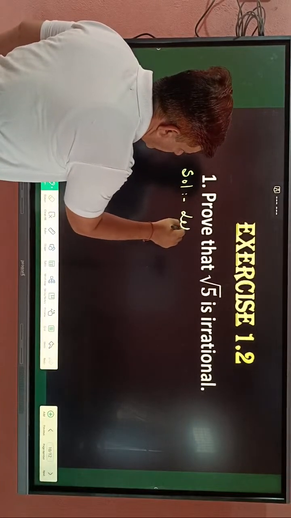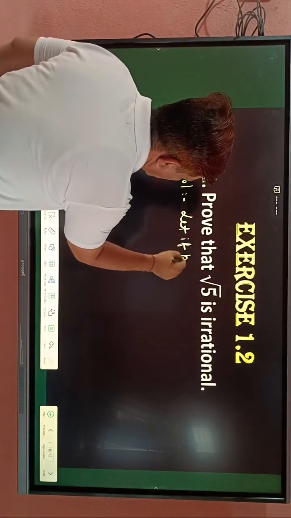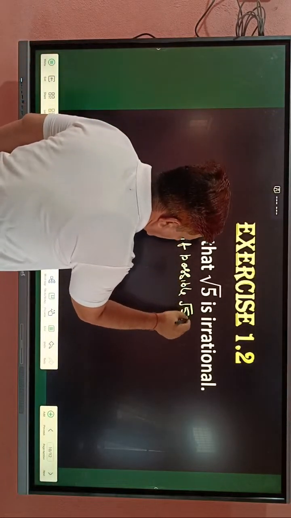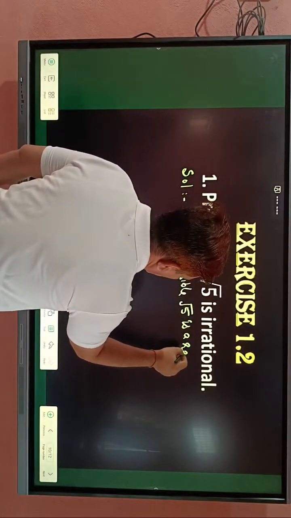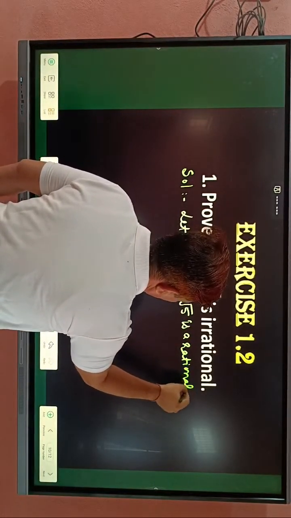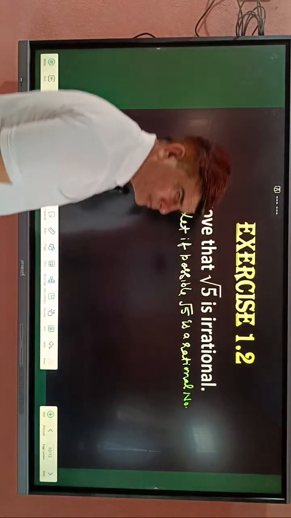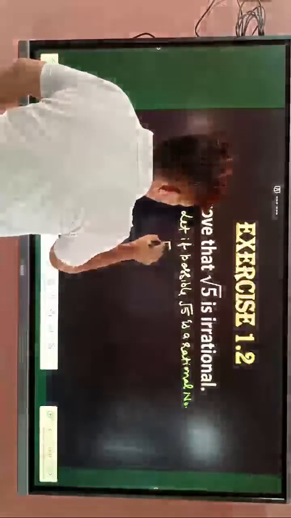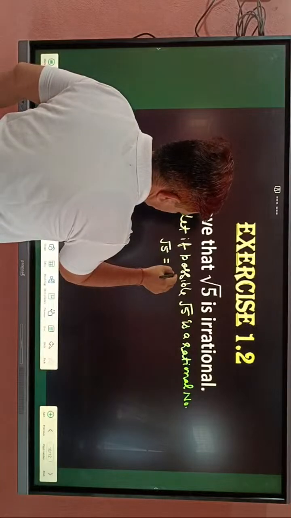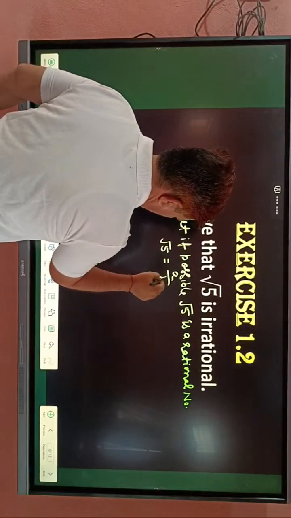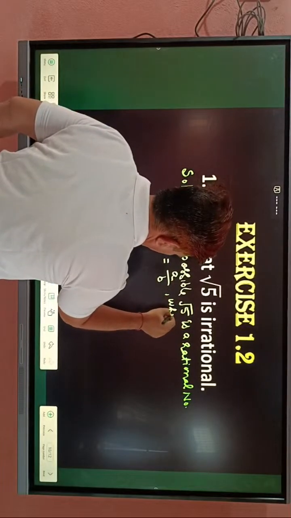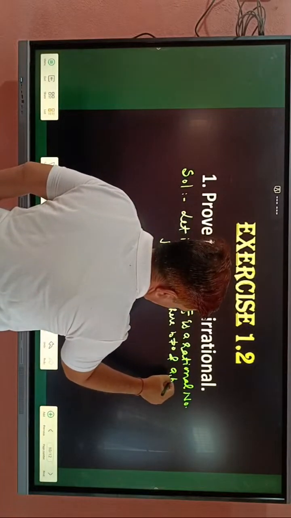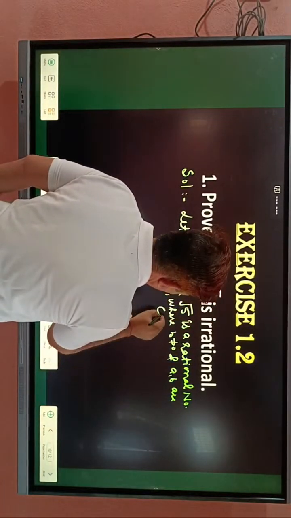Let, if possible, under root 5 be a rational number. If it is a rational number, then definitely we are able to write it in this form, a by b, where b is not equal to 0 and a, b are co-prime integers.